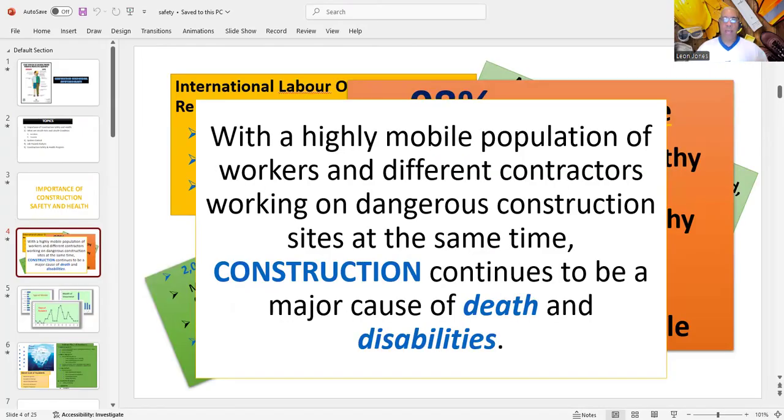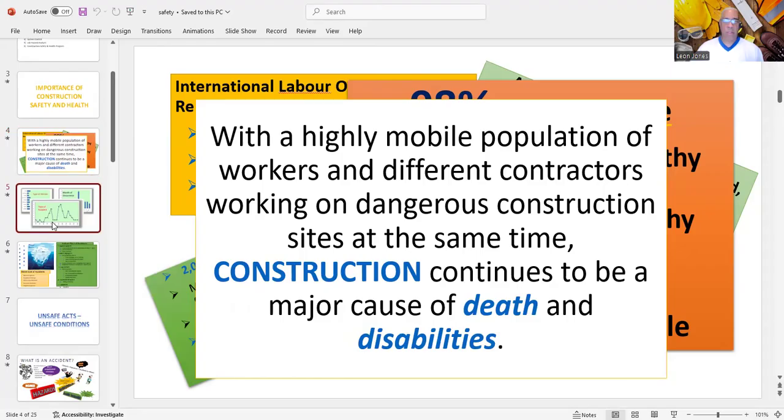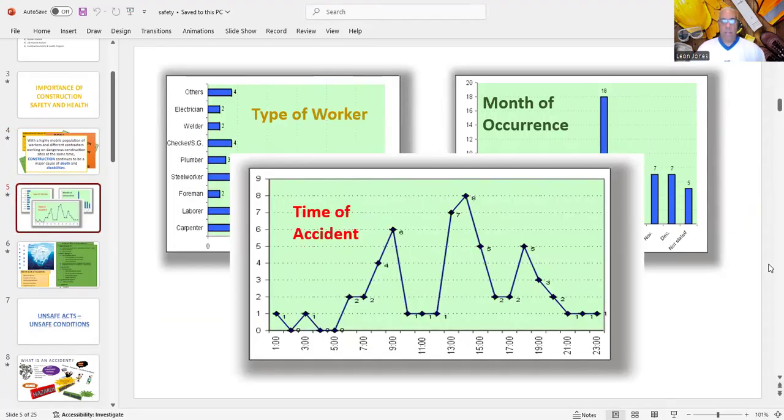With a highly mobile population of workers and different contractors working on dangerous construction sites at the same time, construction continues to be a major cause of fatalities and disabilities. See this chart right here, by type of workers. If you look at this graph, it's going to tell you something.